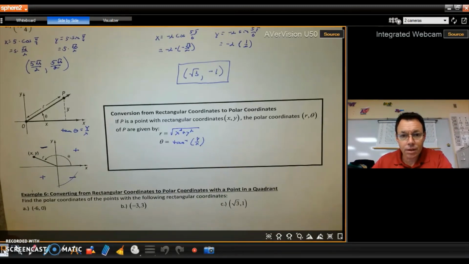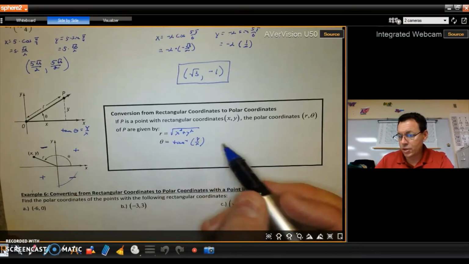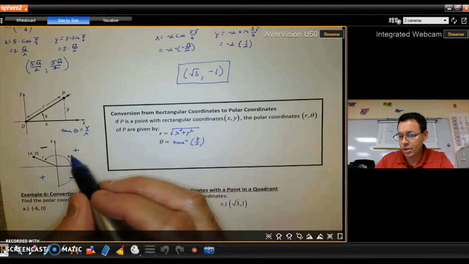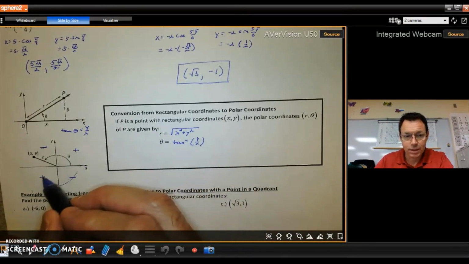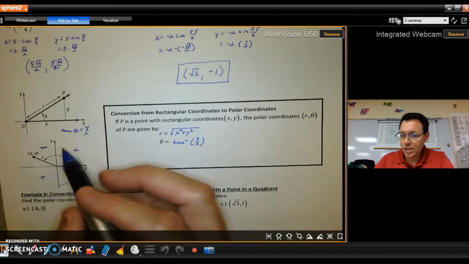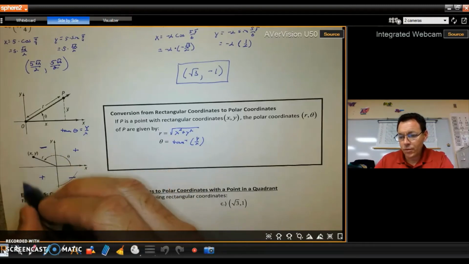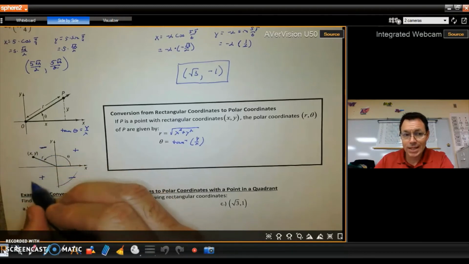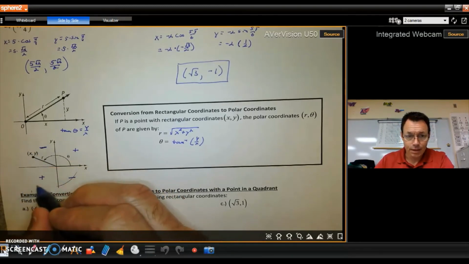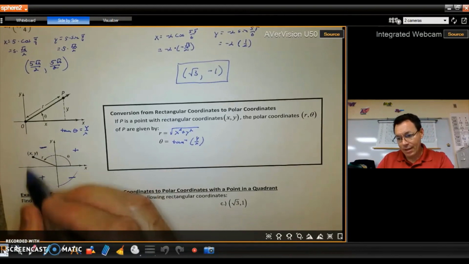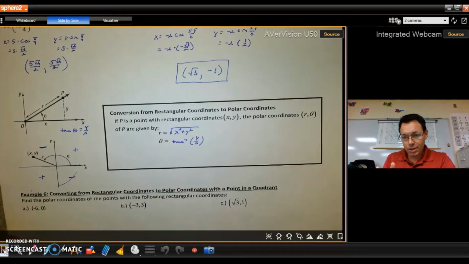So how do we know which one to choose? Okay, when we do the inverse tangent, should it be this angle or this angle? Well, think about it. If we're over here in the non-principal area, we got there by moving left and then going up or down.